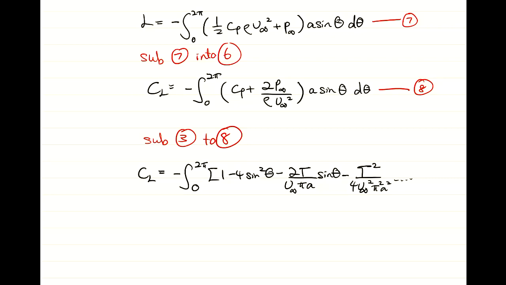I'm just going to continue at the bottom here. Plus 2 P infinity over rho u infinity squared, a sine theta d theta.